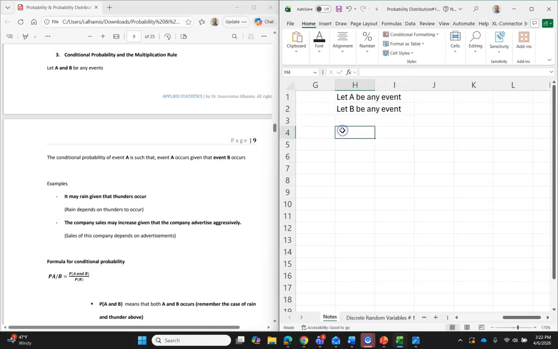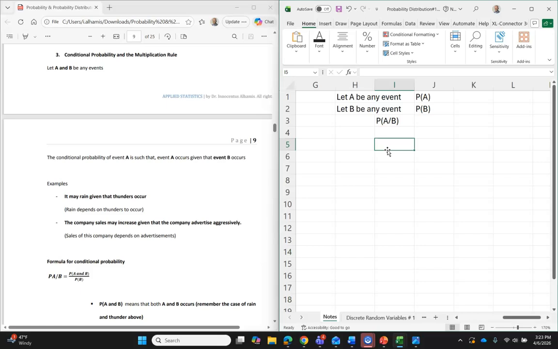And as we said, we can say probability of A and also probability of B. However, according to the conditional probability, if A depends on B to occur, then we can write that condition as probability of A given B. That's how we can write the conditional probability.